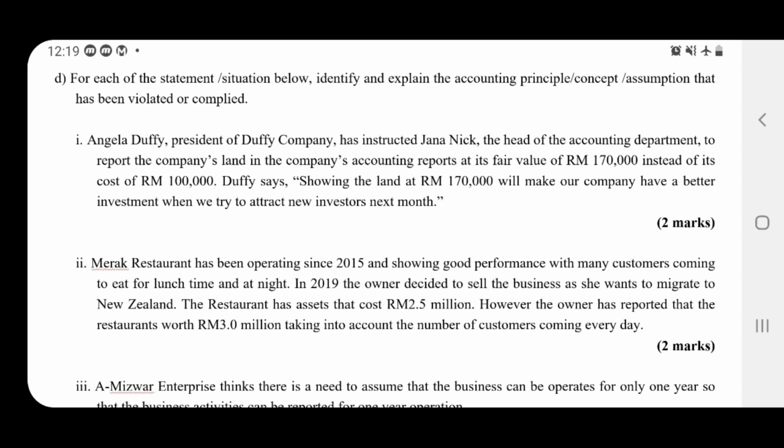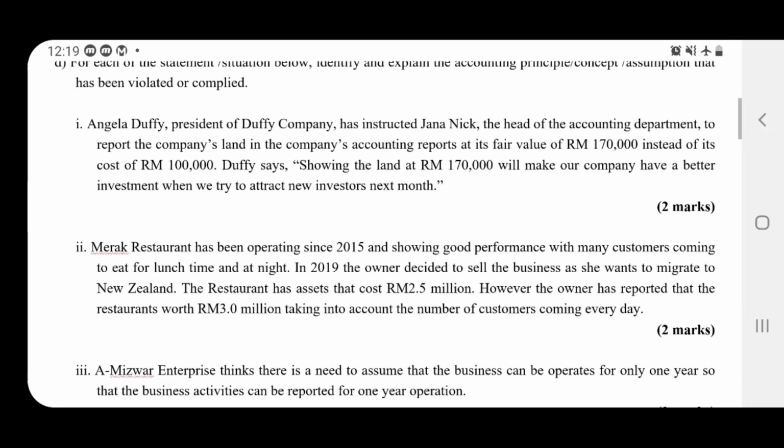Duffy says showing the land at $170,000 will make our company have a better investment when we try to attract new investors next month. Okay, so what do you think?